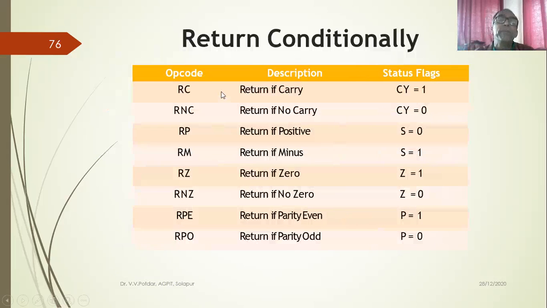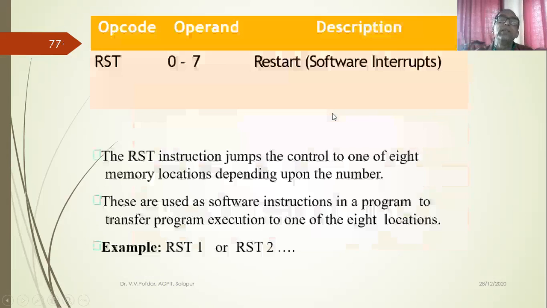Return conditionally, we have a set of codes for return with conditions. Then RST, restart with software interrupts. The RST instruction jumps the control to one of the 8 memory locations depending upon the number. These are used as software instructions in a program to transfer program execution to one of the 8 locations.